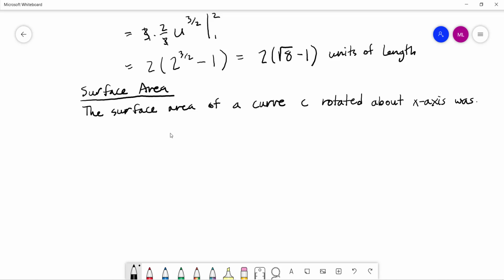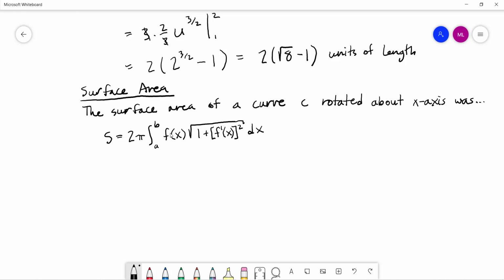our old formula for that was that the surface area, we'll call it capital S, was 2 pi times the integral from a to b of f of x times the square root of 1 plus f prime of x quantity squared dx.